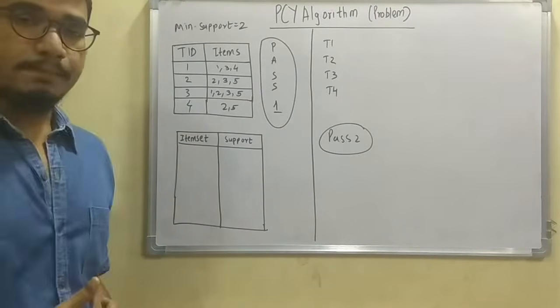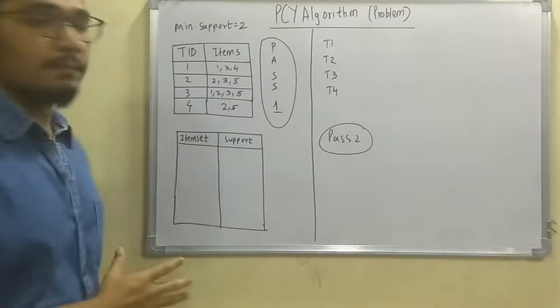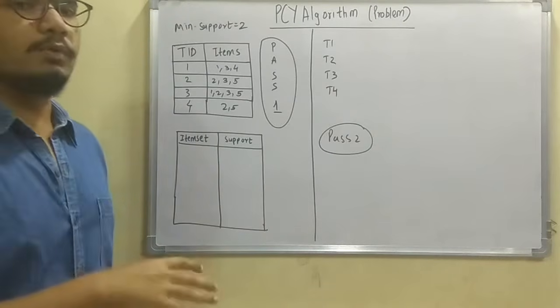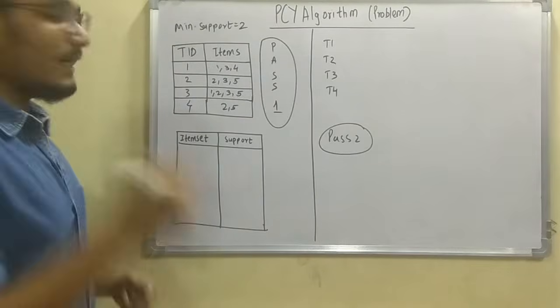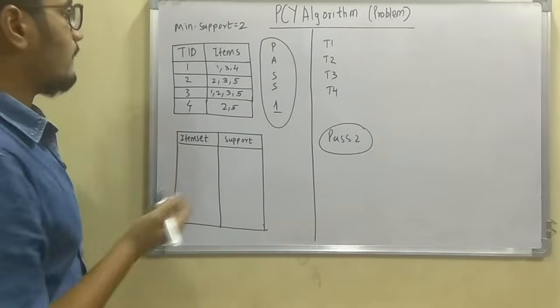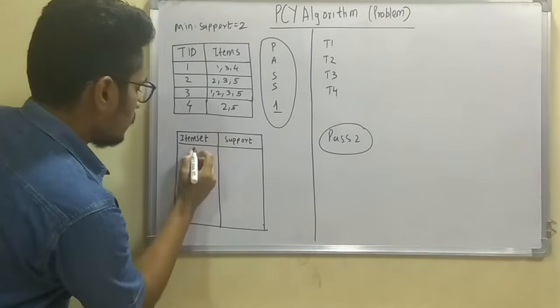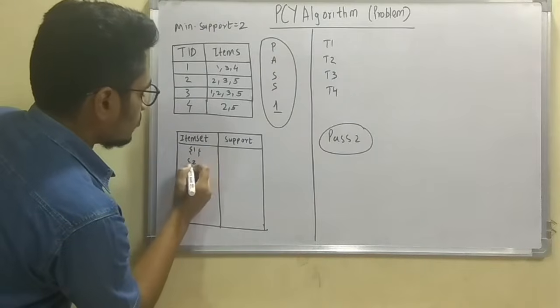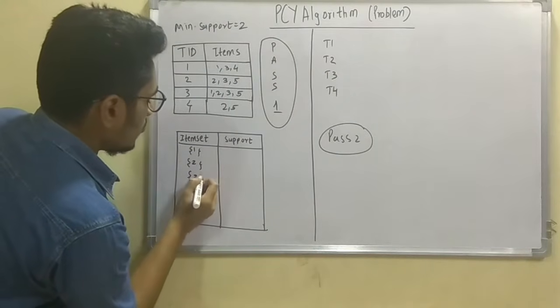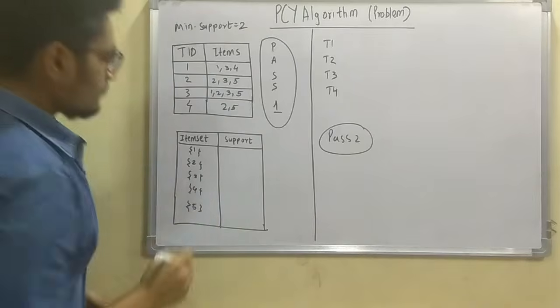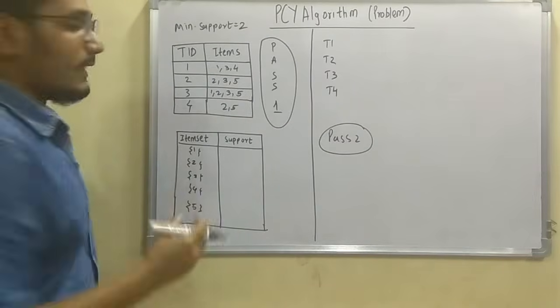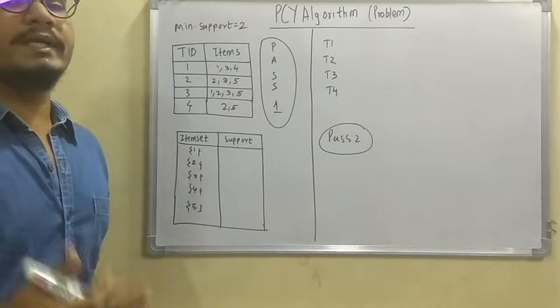In the second step we have to design a table based on the item set and the support, ruling out items below the minimum support. Let us go one by one: the first item, second item, third, fourth and fifth item. Next, in this table, for item 1, how many times has item 1 occurred?